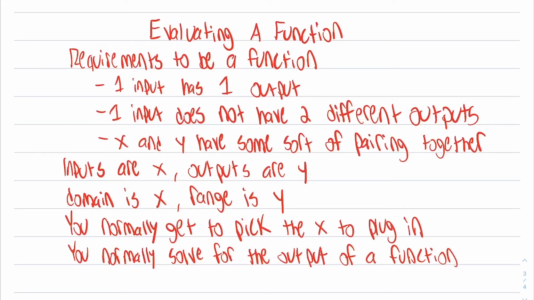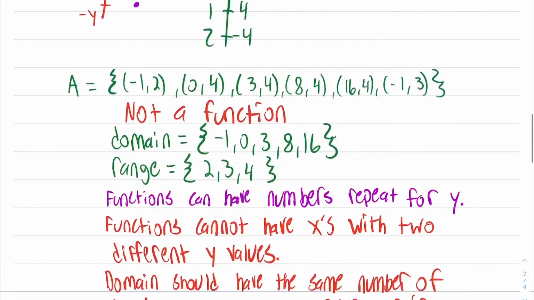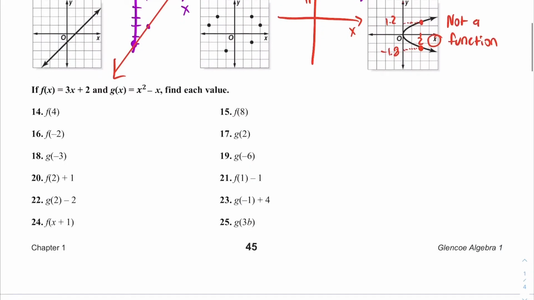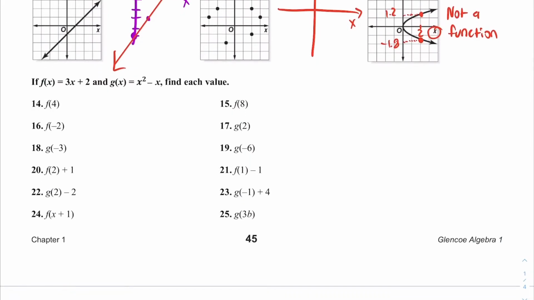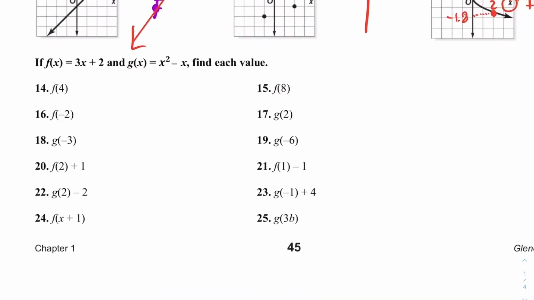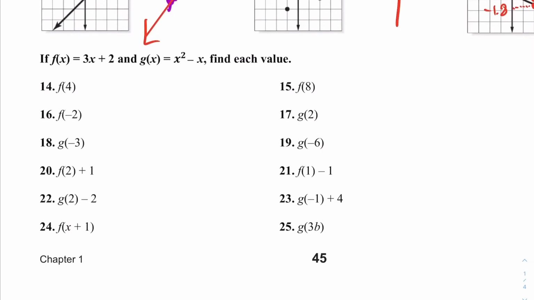Now let's finally solve for the outputs of functions. Here's our worksheet. We have a function called f and a function called g. This is function f of x.